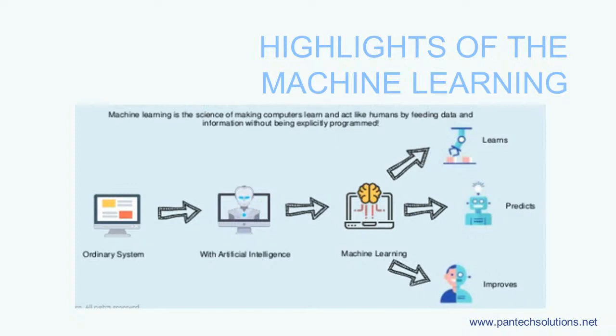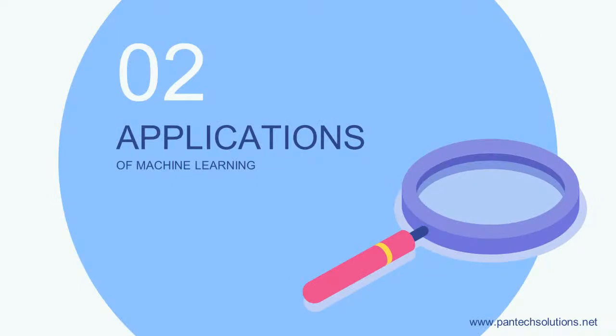Okay, and then we'll see some applications. The application of machine learning methods to a large database is called data mining. In data mining, a large volume of data is processed to construct a simple model with valuable use, for example, high prediction accuracies.